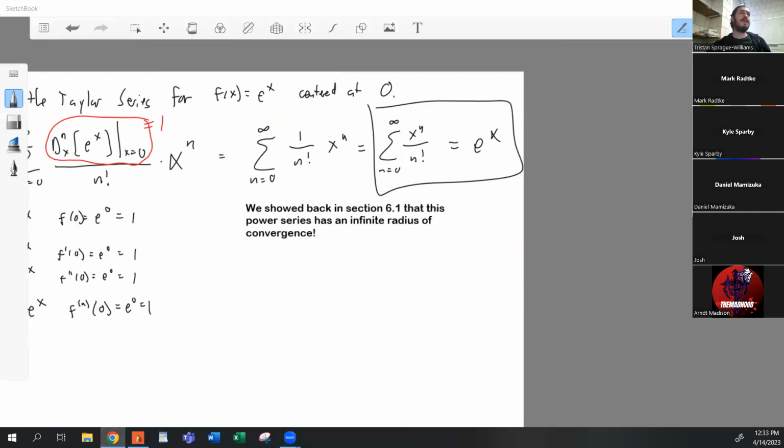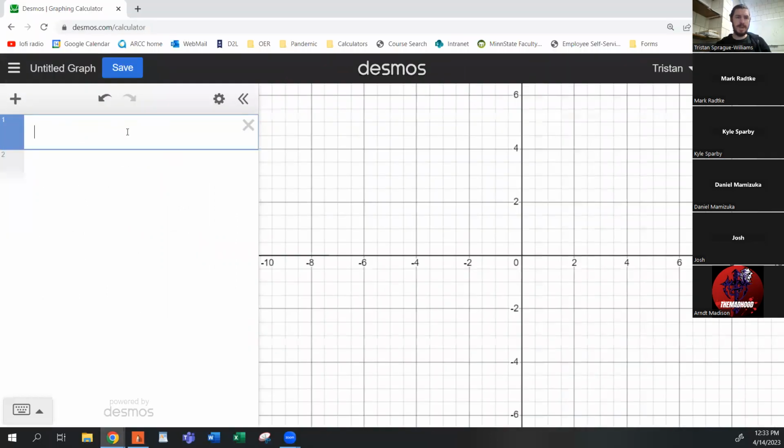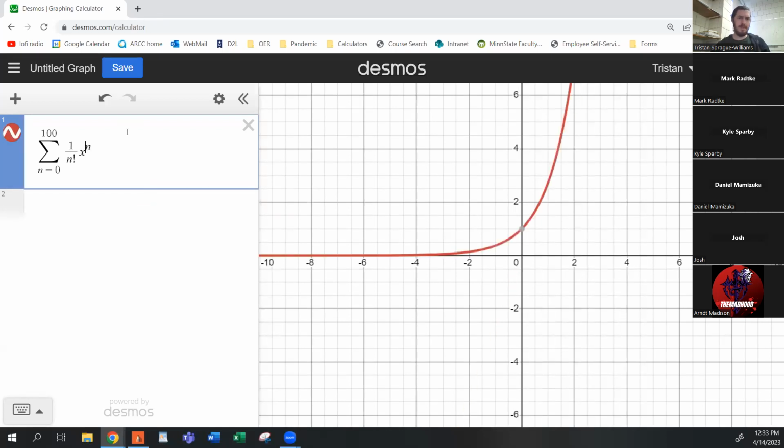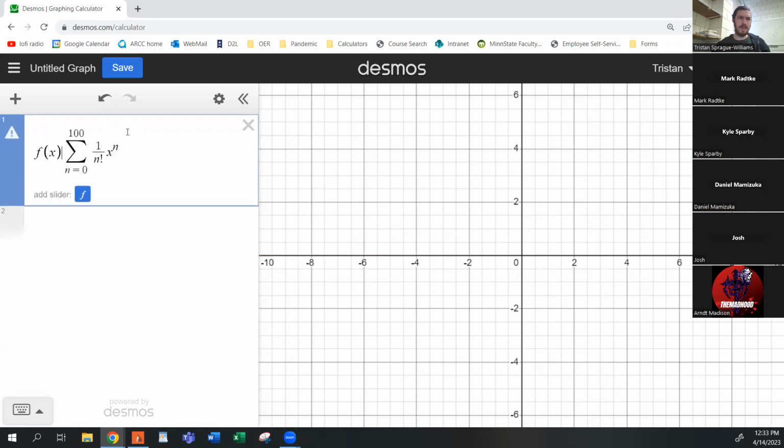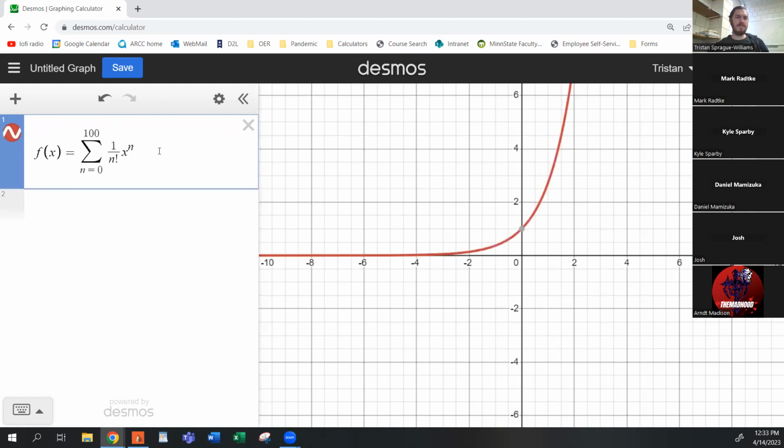So if I pull up Desmos over here, and we do that sum from 0 to, we'll start with like 100, 1 over n factorial, which is exclamation point, and then x to the power n. This is a function of x. This is literally a polynomial function, okay?